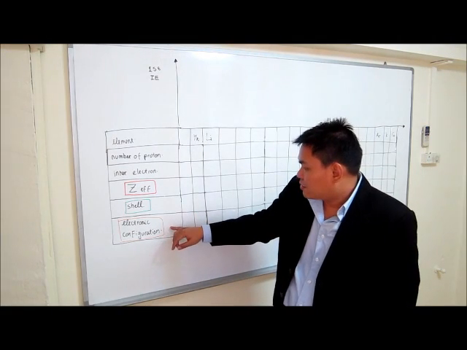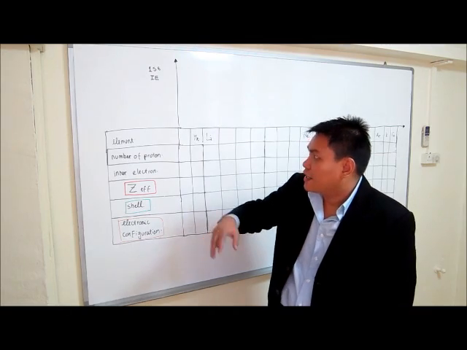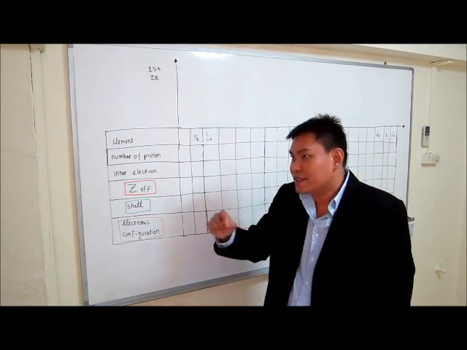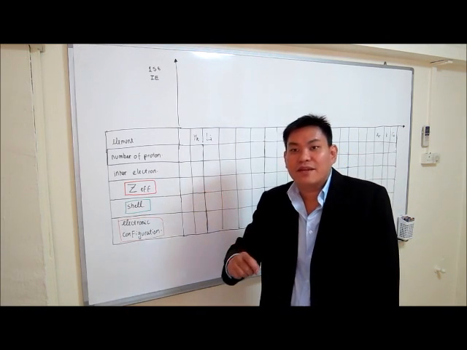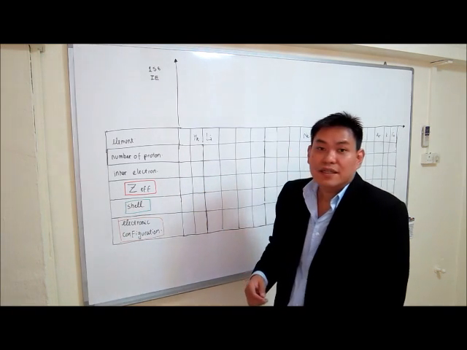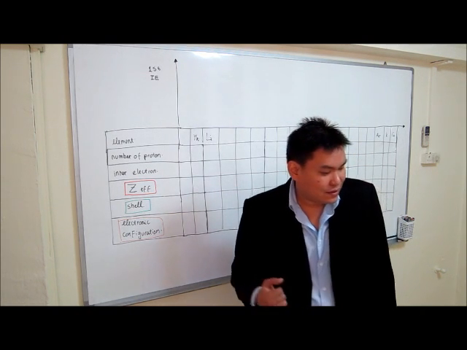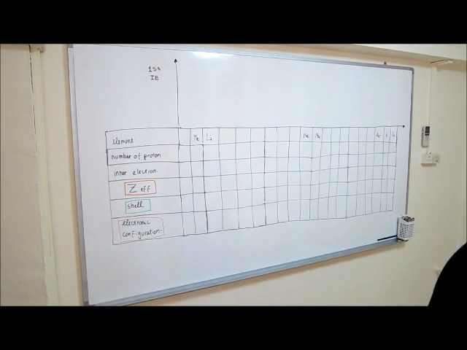Some of the electronic configurations of these elements are stable, so it's going to be more difficult for you to remove the electron. Then the first IE also will be higher. So we can start now.